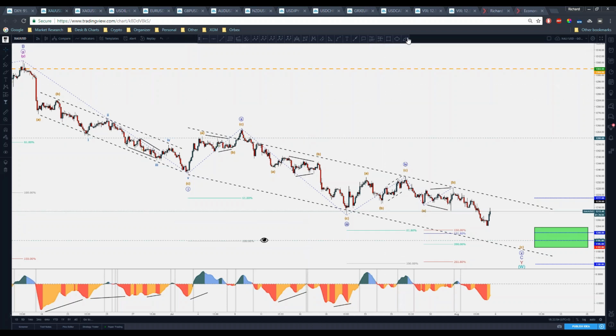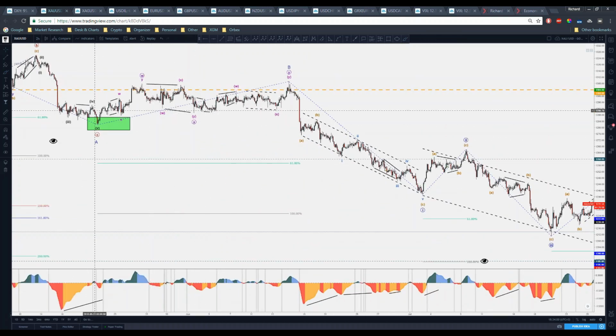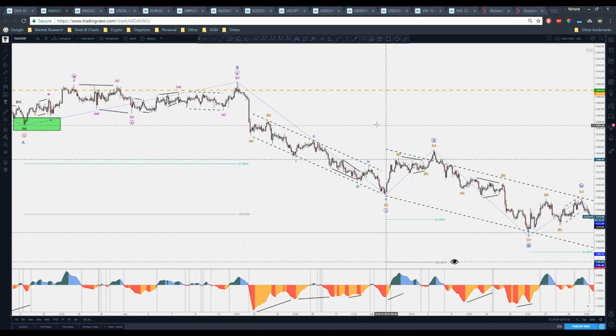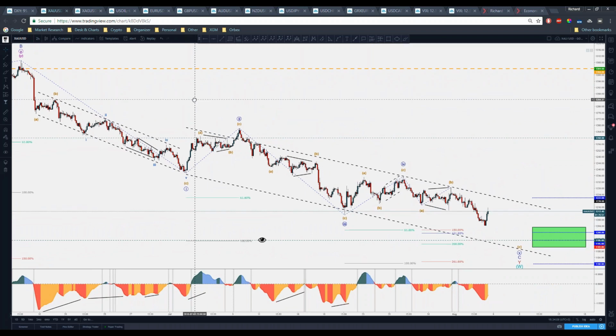So the way I'm labeling gold, the drop from this very complicated correction in a wave B, the way I'm labeling the drop is as an ending diagonal in which all subwaves subdivide in ABCs.